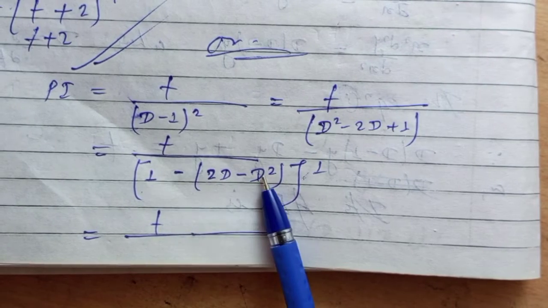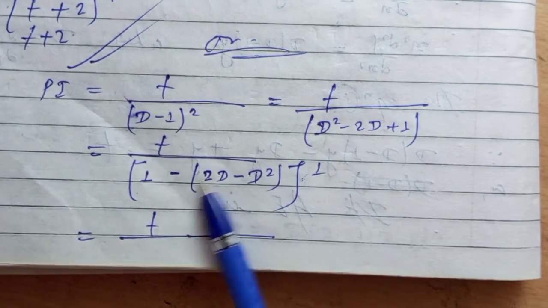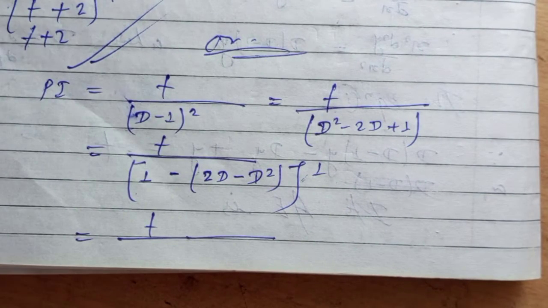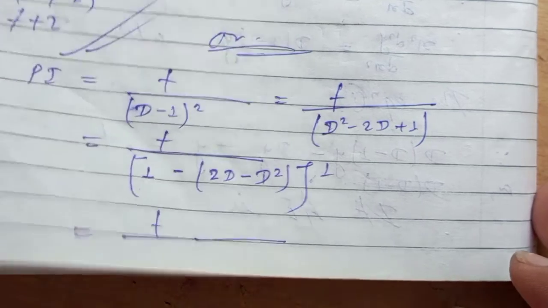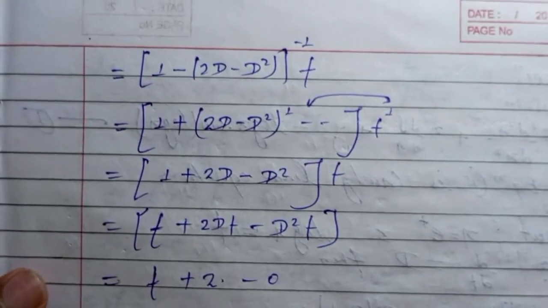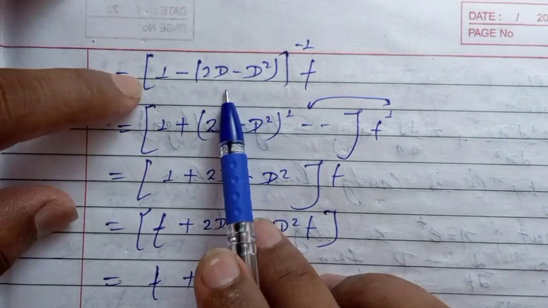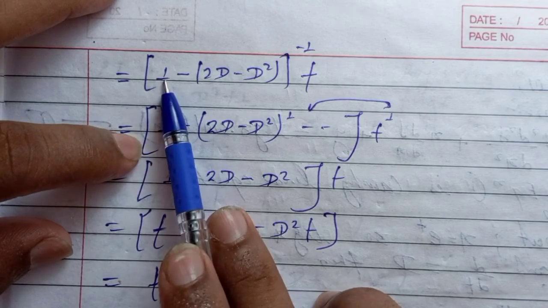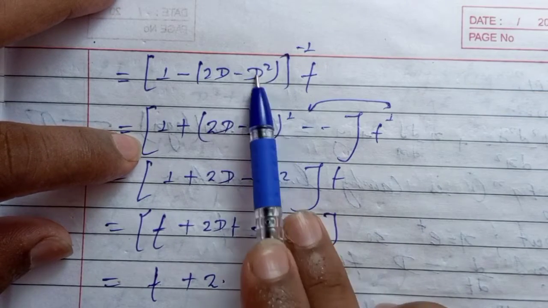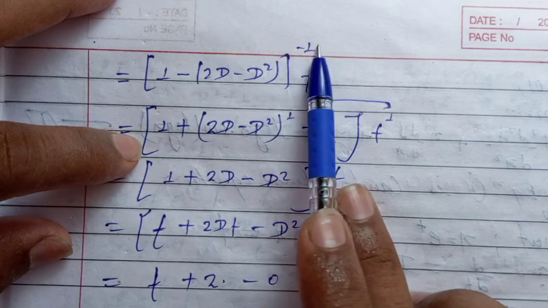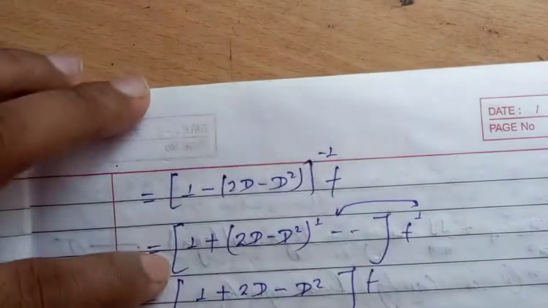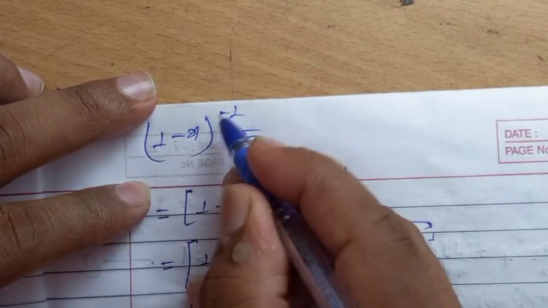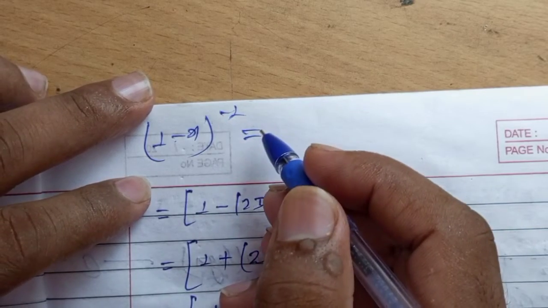We arrange this by taking minus common, and we get this format with power minus 1 after taking it upside. Now we apply the binomial formula: suppose this is (1 minus x) to the power minus 1, and we know the formula: (1 minus x) to the power minus 1 equals, since minus minus becomes plus, every term will be plus.